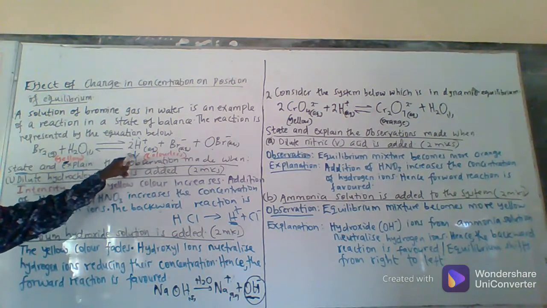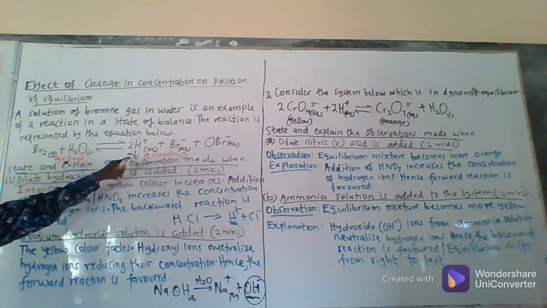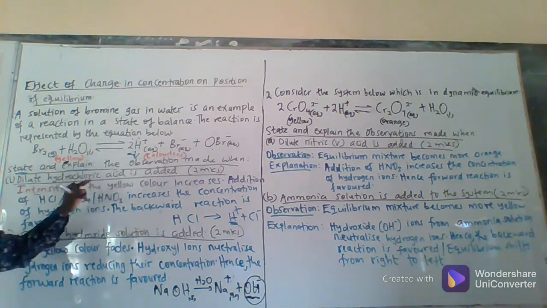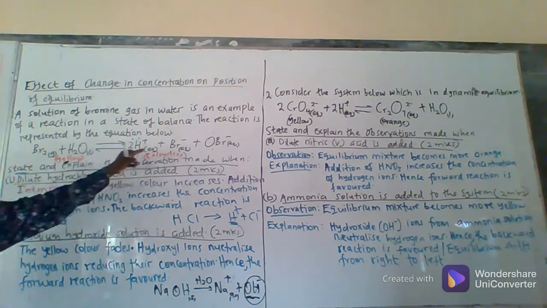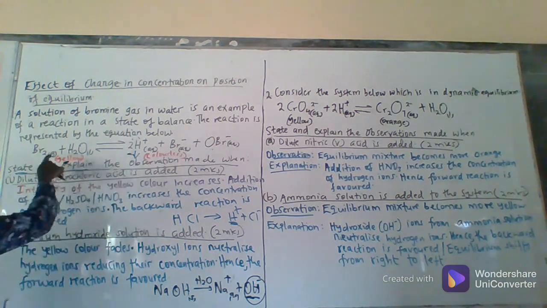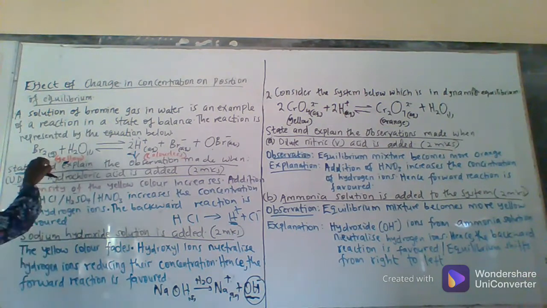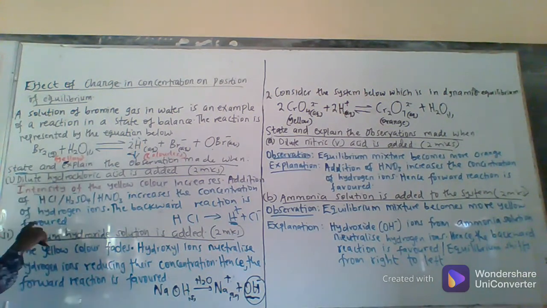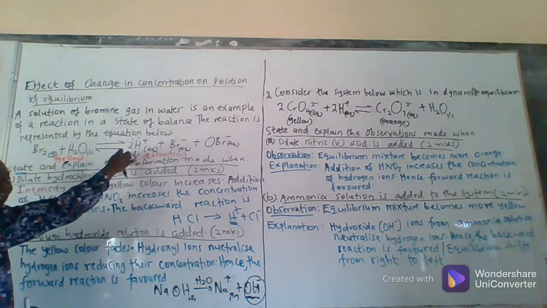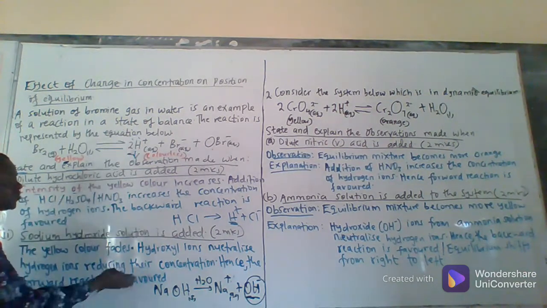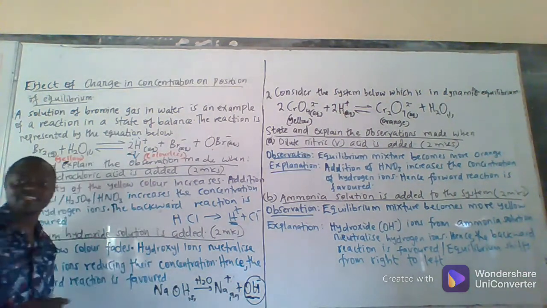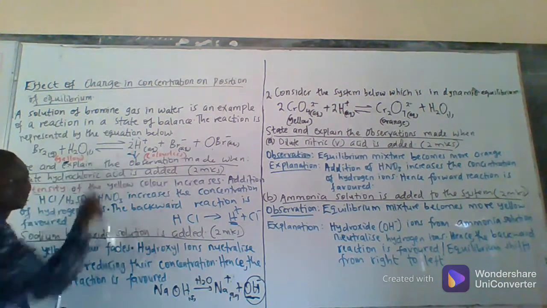And when you reduce the concentration of hydrogen ions, it disrupts the equilibrium, and therefore the forward reaction is favored, so that now more bromine and water can combine to form hydrogen ions and increase them because they had been reduced by addition of hydroxide ions.